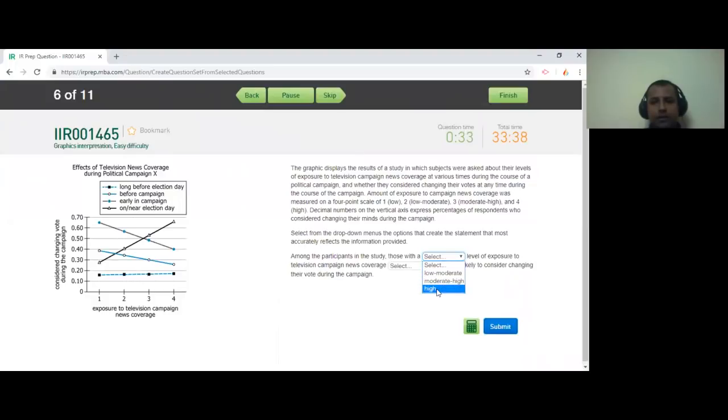So I'm showing the options: low, moderate, and high for the first one. And the four options are just the same thing at the top written on the graph.